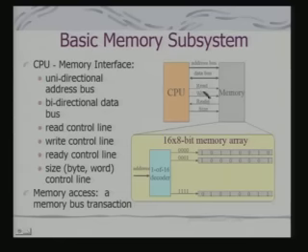These are the control signals: read, write, as well as this ready signal. If the memory is not able to respond to the request, it may ask the CPU to wait. So, that is why another interfacing signal is a ready signal.